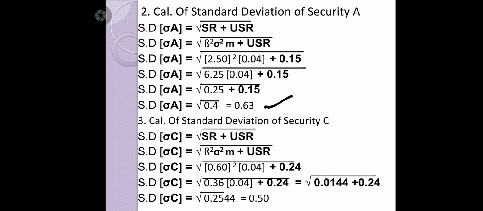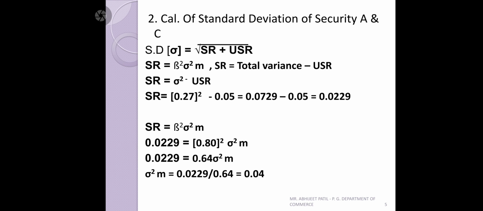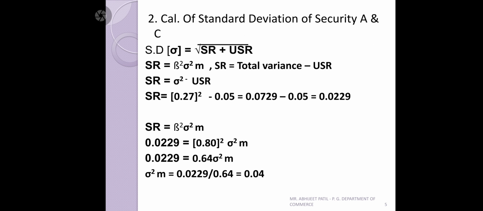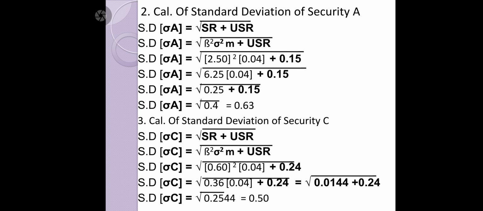Same thing for security C. You take systematic risk plus unsystematic risk. What is the beta value of C? It is 0.60, and 0.24 is the unsystematic risk. So for systematic risk, beta is 0.60, squared, times the market variance we calculated, 0.04.